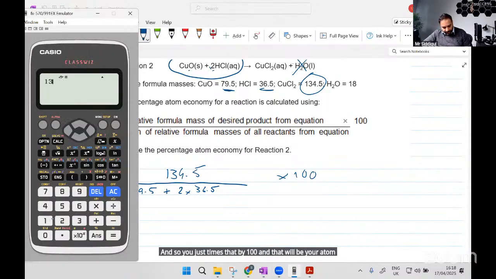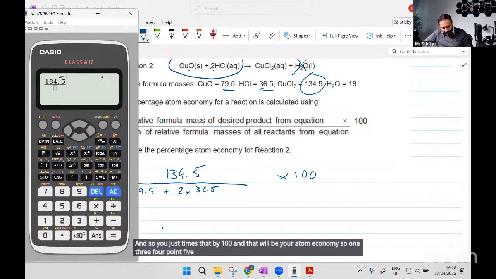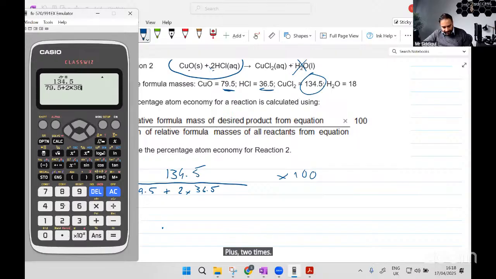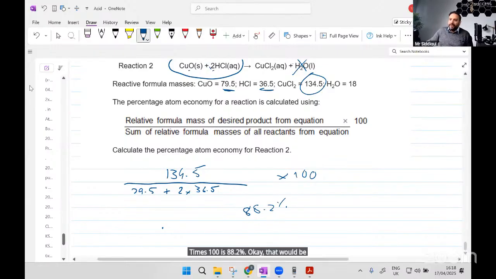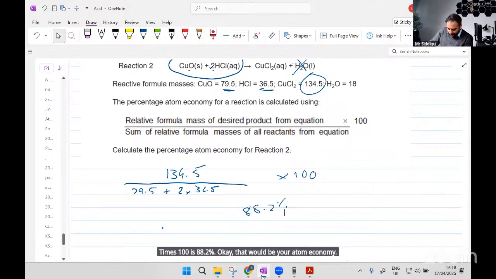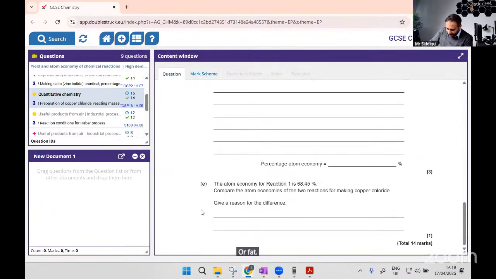So 134.5 over 79.5 plus 2 times 36.5, times 100 is 88.2%. That would be your atom economy for that calculation.